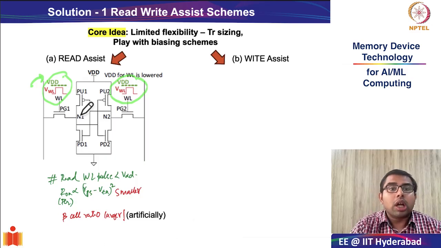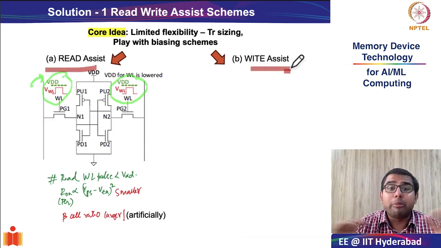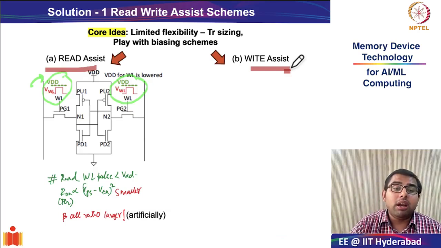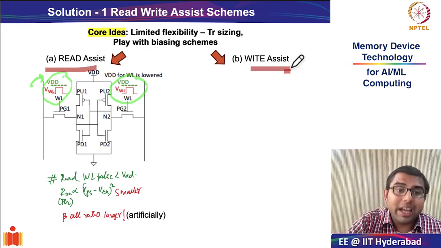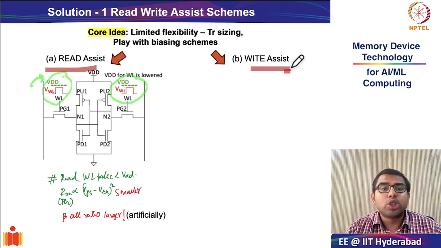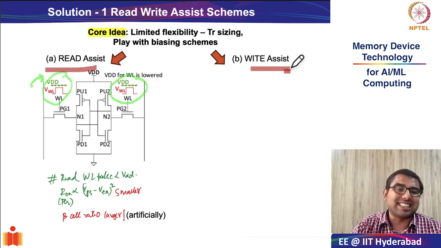So the biasing scheme is in turn divided into read assist and write assist. Remember, these are not two different cells. They are different biasing schemes which are applied on the same SRAM cell, one during read and another during write. So let's first look at the read assist scheme.